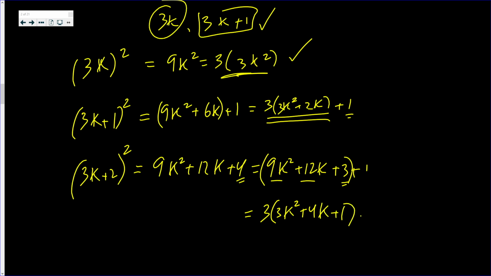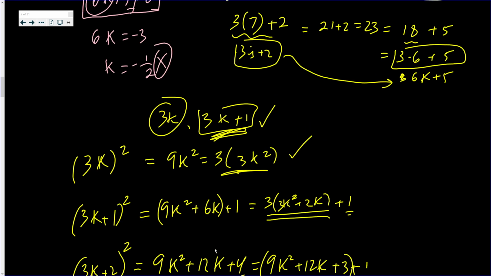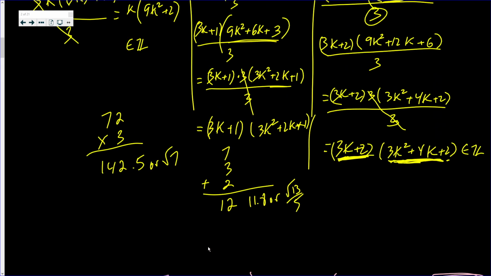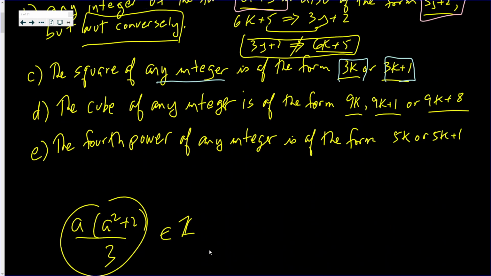So it's 3 times (3k squared plus 4k plus 1), plus another 1. Well, this is of this type: 3 times an integer plus 1. That proved that one. Using the division algorithm, any integer is of the form 3k, 3k plus 1, or 3k plus 2. And when you square those types of numbers, you only get one of those.